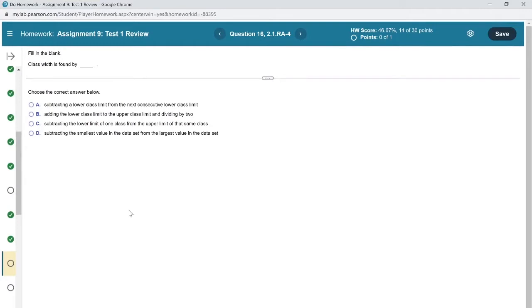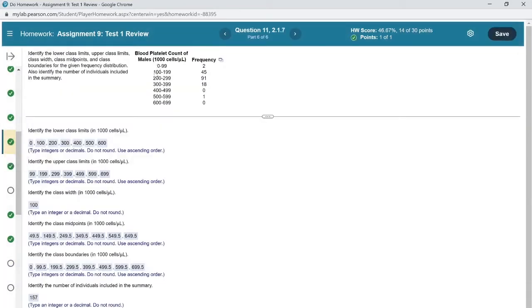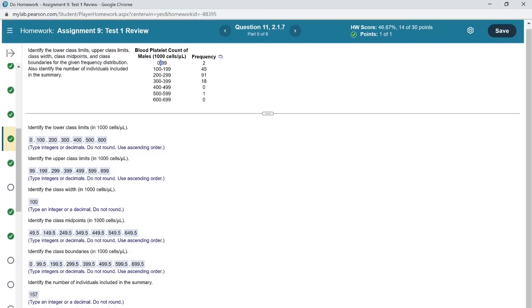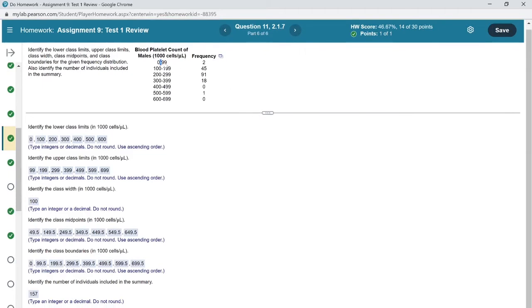Okay, so let's go to the next problem. Class width is found by, remember, if you go to the previous problem, we can find the class width by subtracting one lower limit from the next lower limit. For example, the lower limit for the first class interval is 0, and the lower limit for the second class interval is 100.